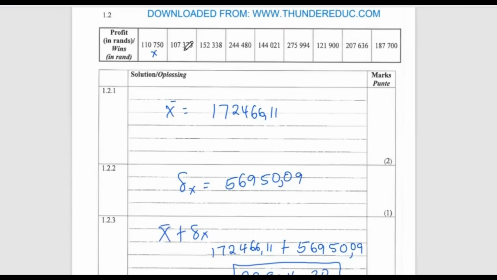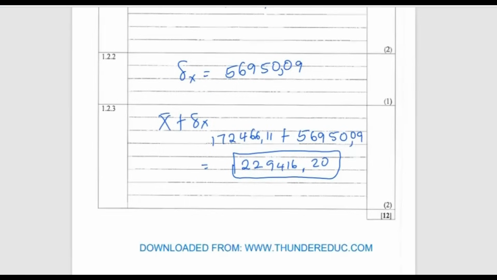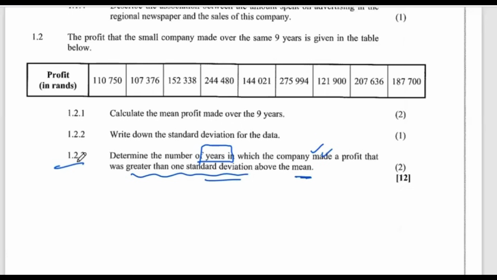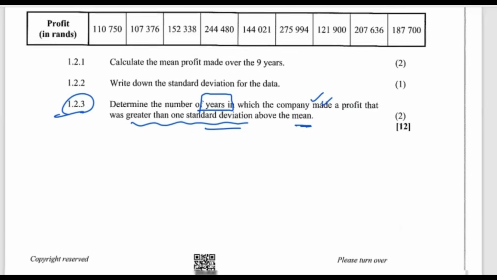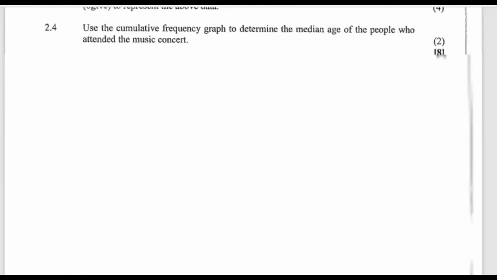This is a no, a no, a no. 229, yes. No, yes. No, no, no. So which means we have just 2 years. The company made that much profit for 2 years. That is the answer that was expected of us. That is 1.2.3, the whole of the question on 12 marks. Then question number 2.